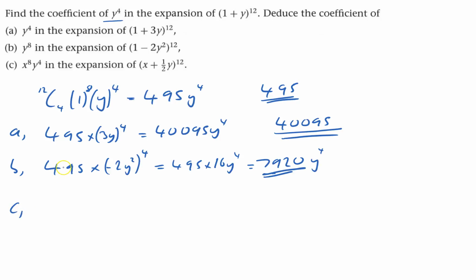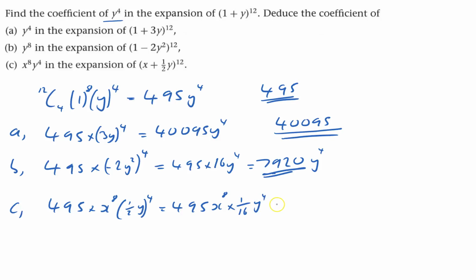And finally, we've got x to the power of 8 y to the power 4. So yes, I want 8 of these and 4 of these. So the coefficient will be 495 times x to the power of 8 times a half y to the power of 4, and that equals 495 x to the power of 8 times a half to the power of 4, which is 1 over 2 to the power of 4, which is 16.